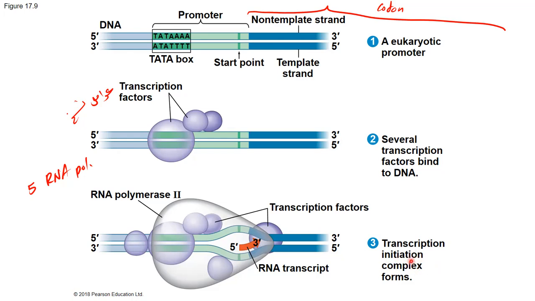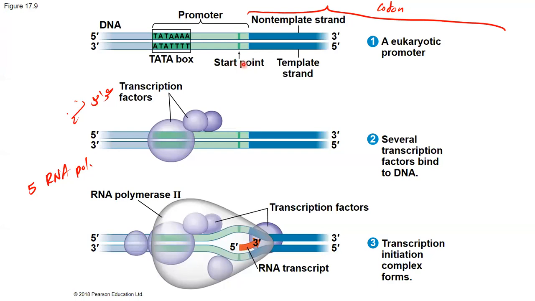The transcription initiation complex consists of the promoter region, the transcription factors, and the RNA polymerase, all binding at the promoter region. After that, we have a nucleotide at which transcription will start.